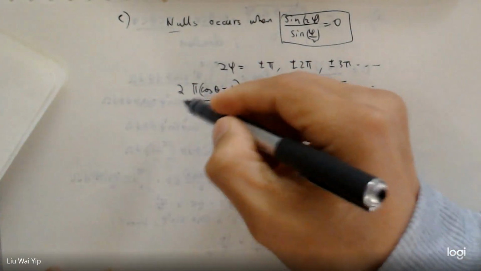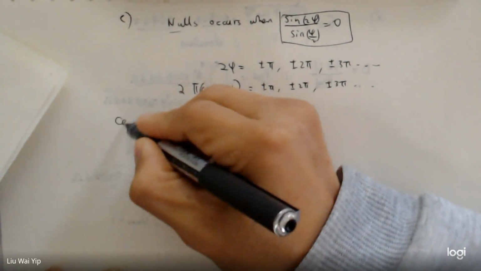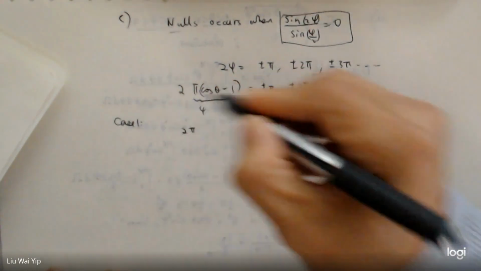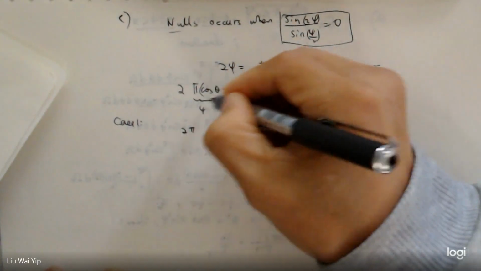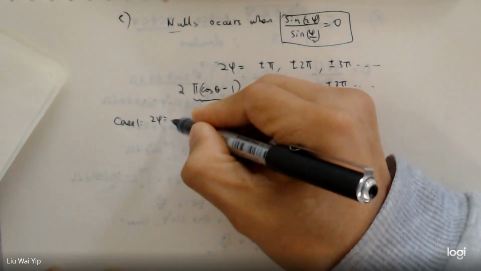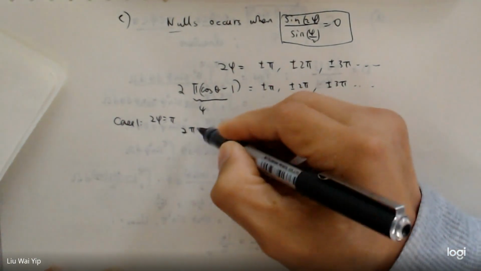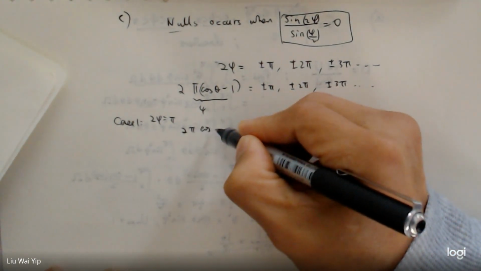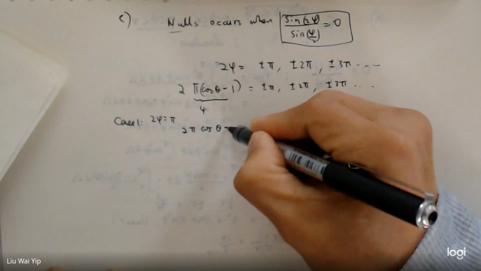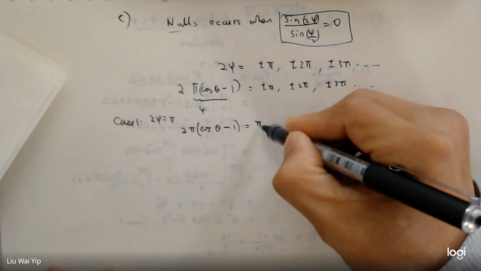So let's try this first. Case 1, where 2 psi equals plus pi.